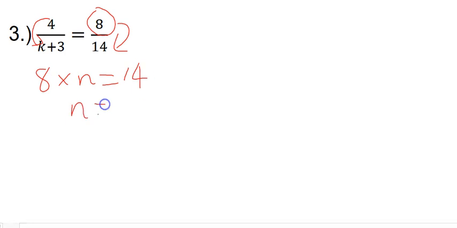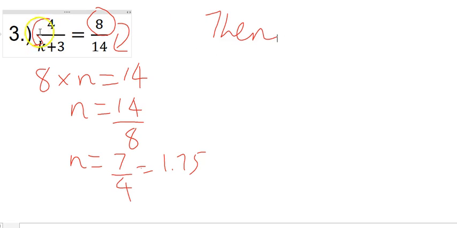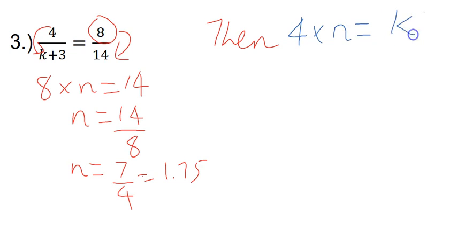We can tell the number is going to be 14 divided by 8, which if you simplify, you get 7 over 4, or 1.75 if you wish for decimal. Then on this side, going from up down, 4 times the same number is going to equal k plus 3.